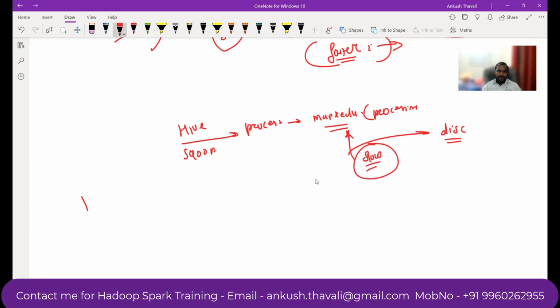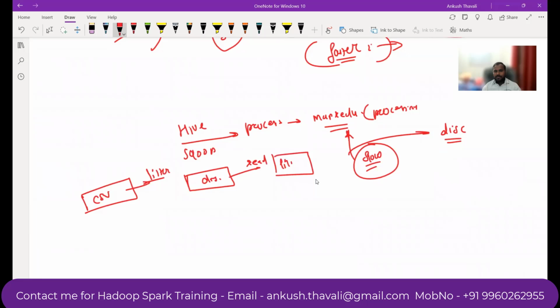Now, let's say you are getting one CSV file, you are doing some filter. That filtered data, it will store on disk. Again, you want to read that file, again you want to do one more filter, again you are storing that result into the disk. Lot of writing, lot of reading. It is writing into the disk every time. Can we have a mechanism which will perform most of the operations at memory level?